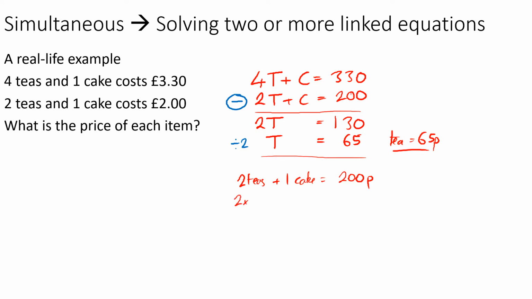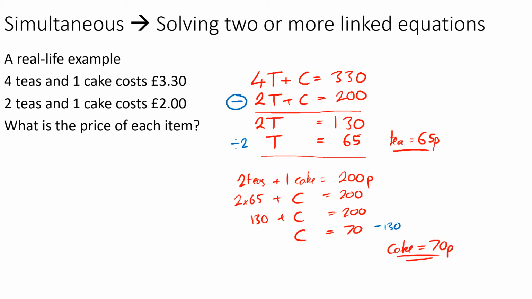So we could say 2 times 65 plus c is 200. 130 plus c is 200, and then we could subtract that 130 away and get that a cake is 70. So we could get that a slice of cake, in this case, is 70p. These are very good deals, by the way.